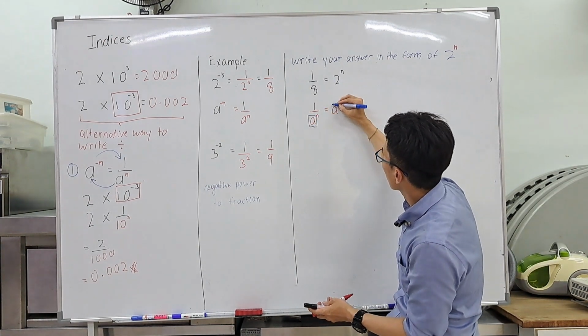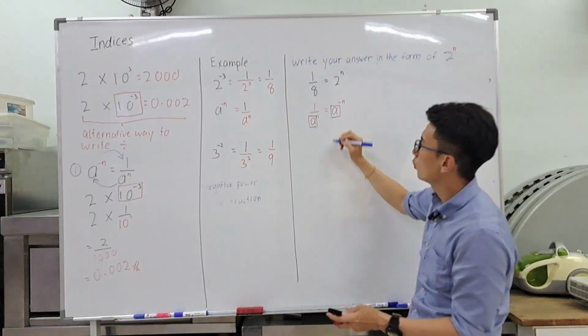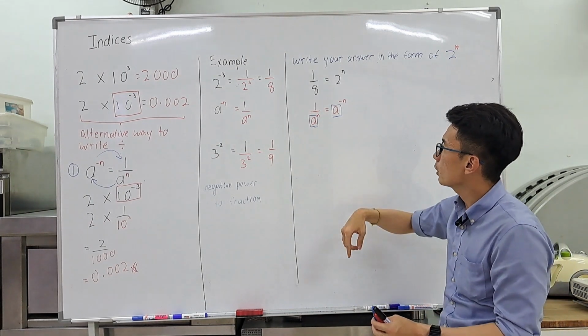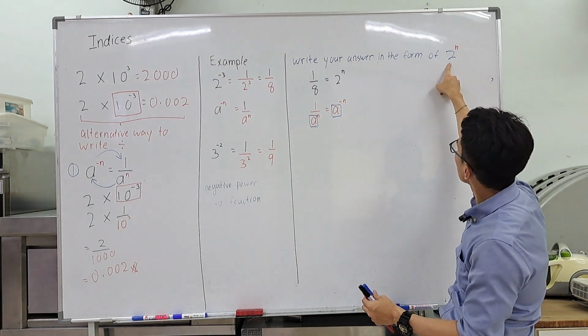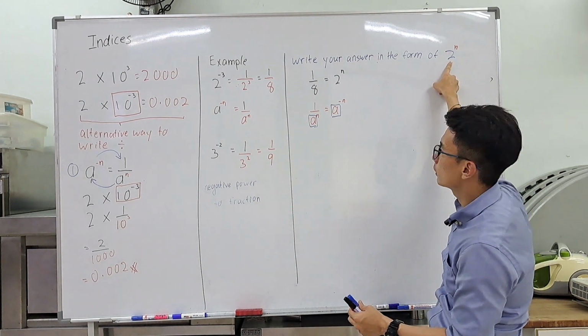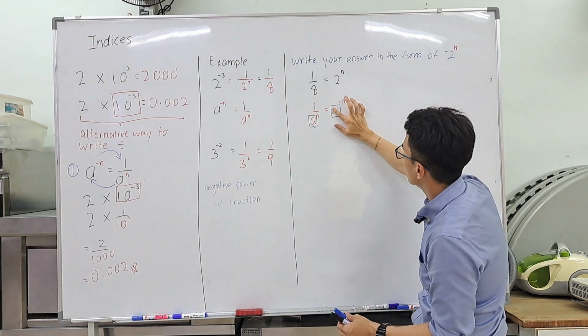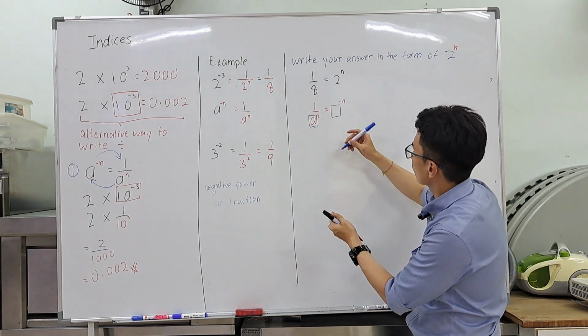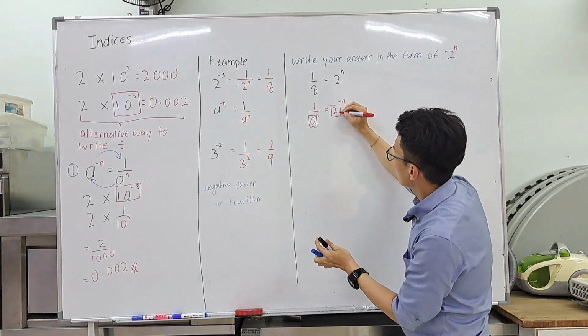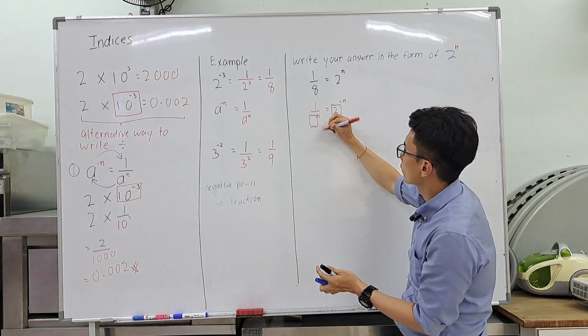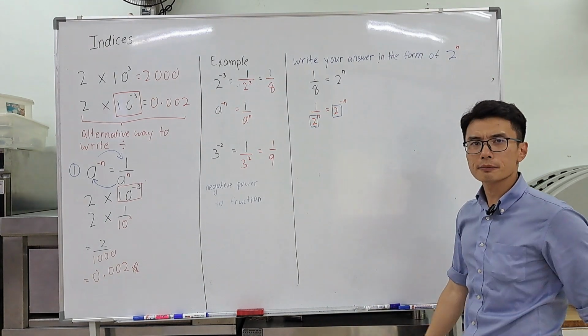This a over here and this a over here, do you notice it's actually the same thing? Since I want my answer to be 2, we know that this a must be 2. If this is 2, this must be 2 as well.